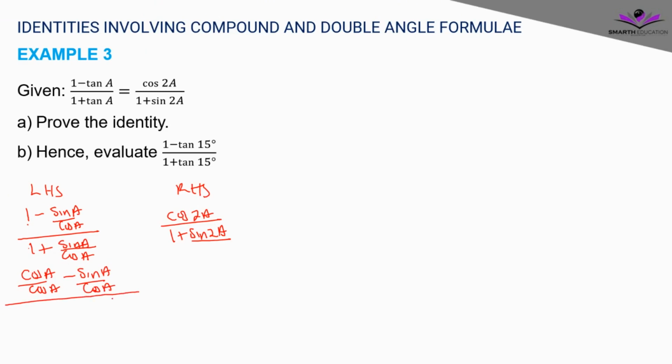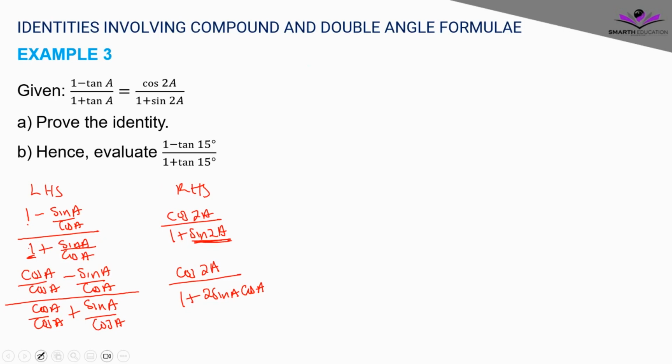Then all this divided by cos a over cos a, then plus sin a over cos a. Right, and then cos 2a over 1 plus 2 sin a cos a, after changing sin 2a. Alright, and then what do we do after that?